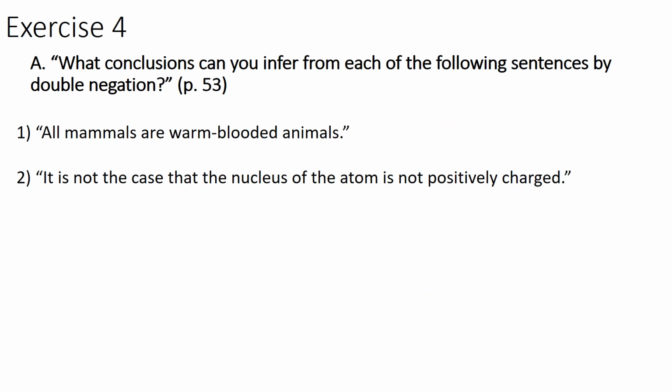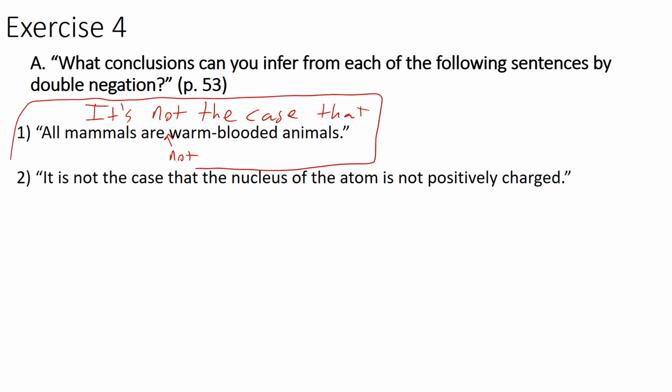The exercise on page 53 just wants us to double negate these sentences. Sentence 1 tells us that all mammals are warm-blooded animals. How would we double negate it? We would just have to say it's not the case that all mammals are not warm-blooded animals. So that is our new sentence, but it's really equivalent to our original sentence.